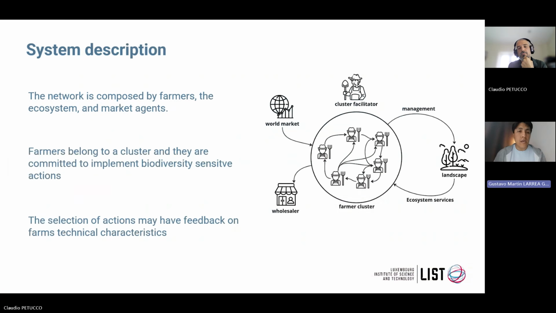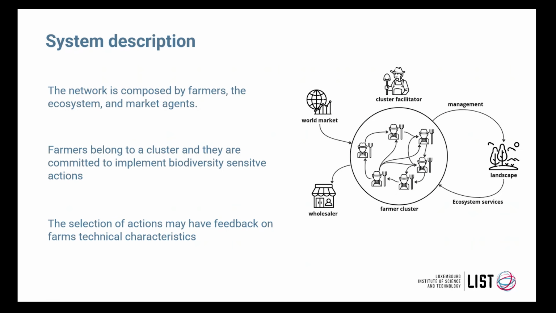Next one, please. So the system is a network that is composed of farmers, the ecosystem, and market agents. In our model, every farmer belongs to a cluster, and they are committed to implement some biodiversity-sensitive actions. Claudio mentioned some examples, planting flower strips, could be hedgerows, but they do this in addition to their conventional farming activities.